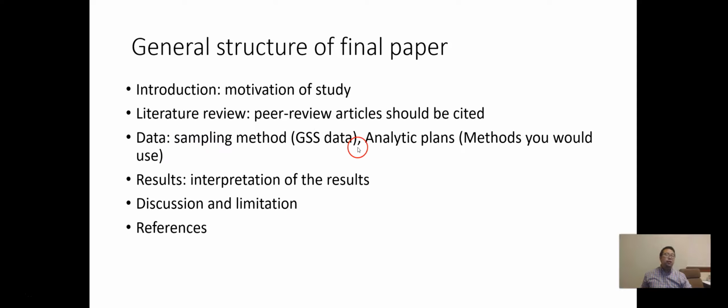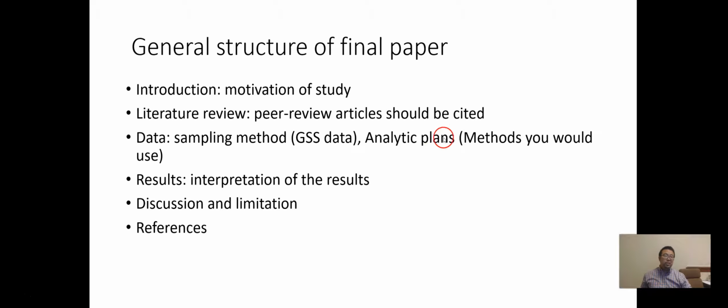And the data, using GSS data, and the results: you need to use the statistical method based on the variables you choose, and then make a correct interpretation of the results. And the discussion, the limitations, and the bibliography as your references in the literature review and other parts. These will be the golden rule of the structure of your final paper.